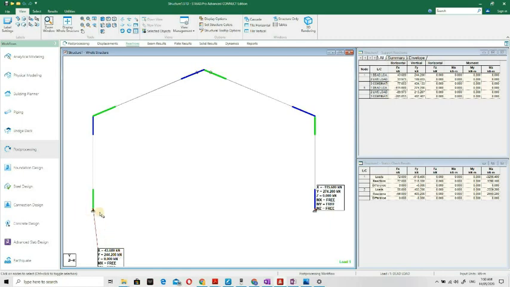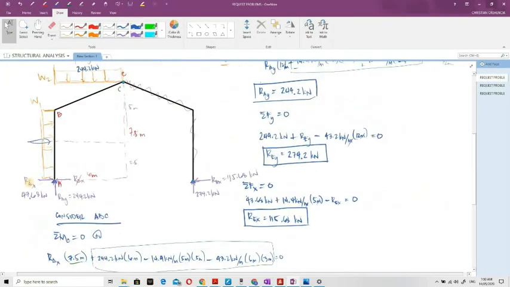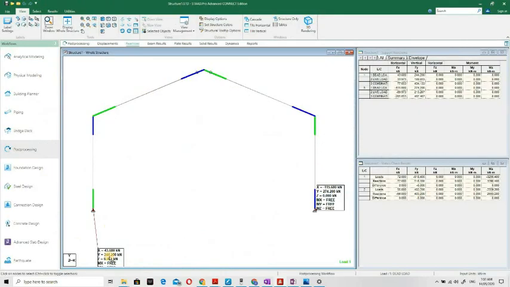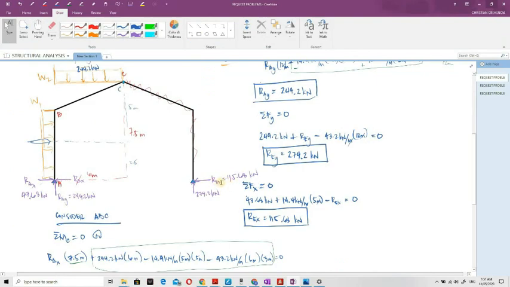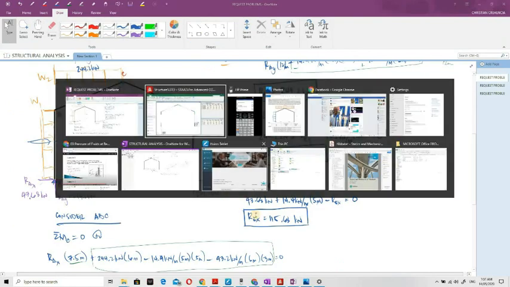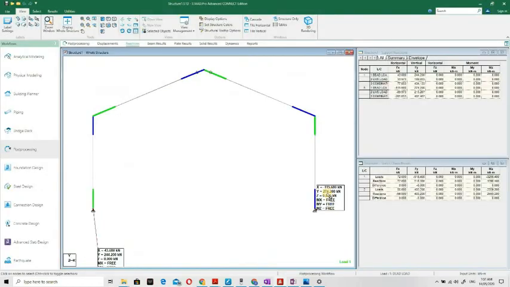So, positive X, papuntang kanan. So, same lang naman nung nakuha natin dito, no? Papuntang kanan din. So, 43.68, RAY is 244.2. Then, we have negative 115.68, meaning papunta siya dito sa left side. Which is same lang na nakuha natin dito. Then, 274.2 kilonewton yung reaction natin sa Y. Okay? So, nakuha natin yung same result from StatPro.